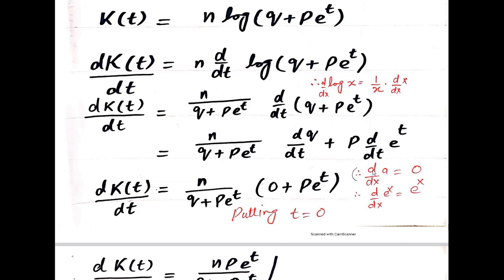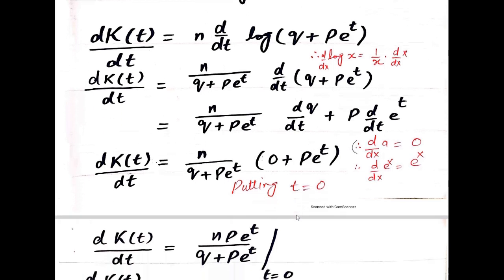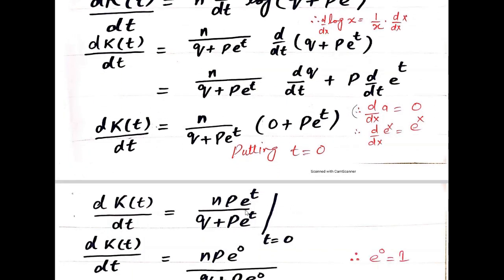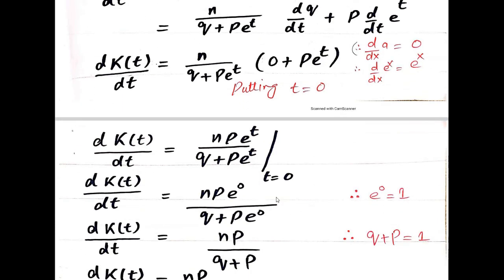As you know, the derivative of a constant is equal to 0. The derivative of e raised to the power x is x itself. So put this value here: n p e raised to the power t over (q plus p e raised to the power t) at t is equal to 0.